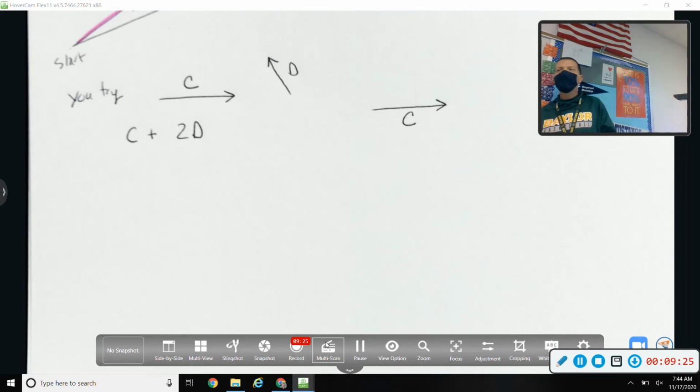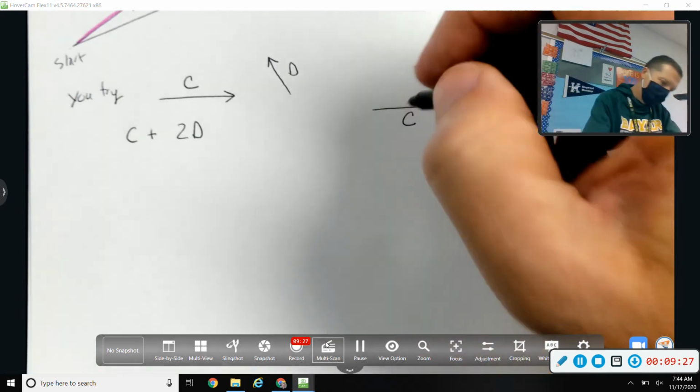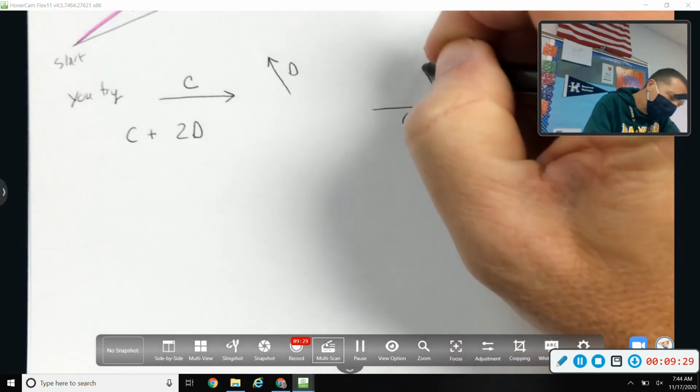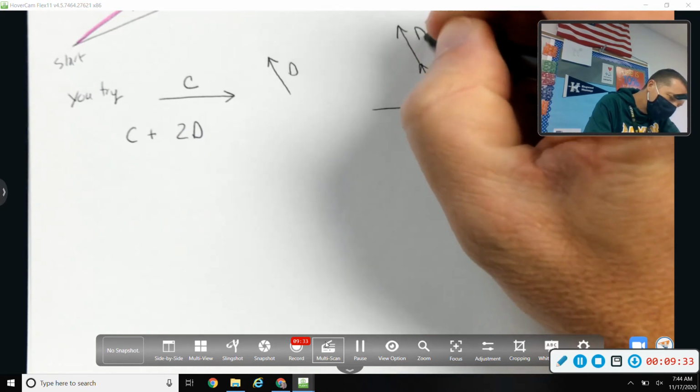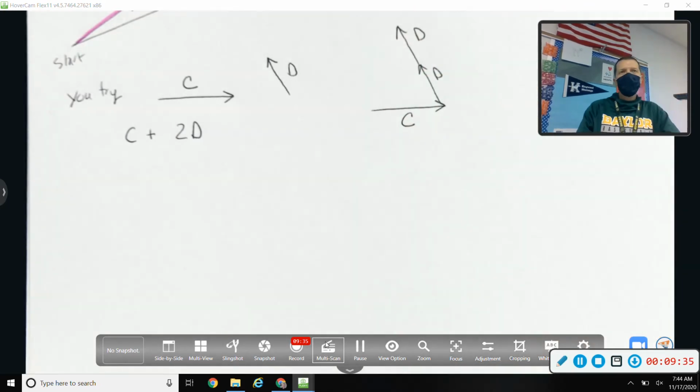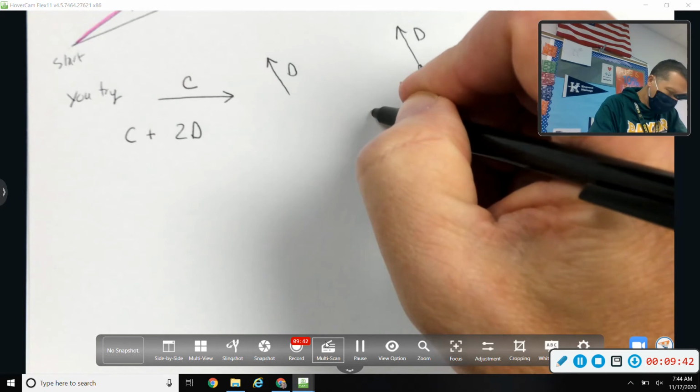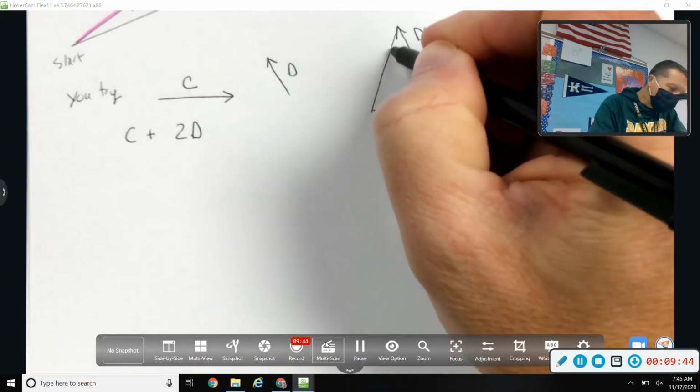C, and then from the end of C, I'll travel D, and I'll travel D twice. And you don't have to label the start and the finish, but if it helps you put the arrow in the right place, start from C, go to the end.